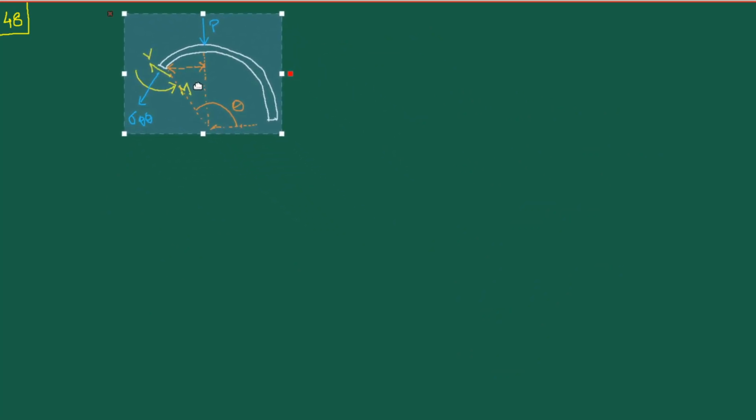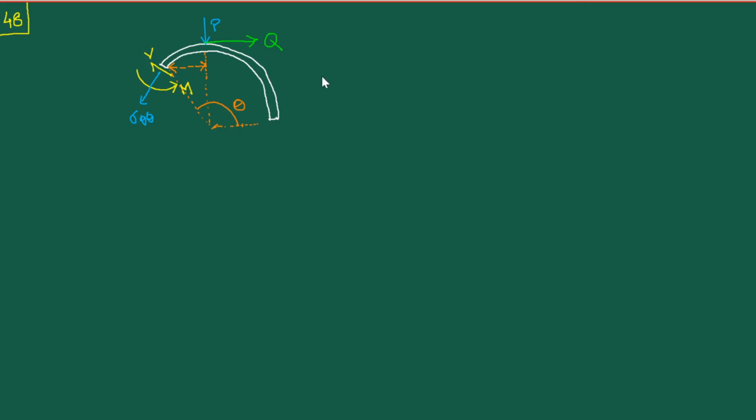Now everything remains the same as before, but now what I want to do is include here a fictitious force, a fictitious force Q in the horizontal direction.